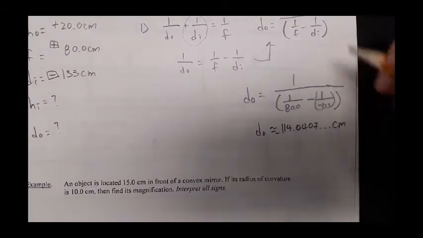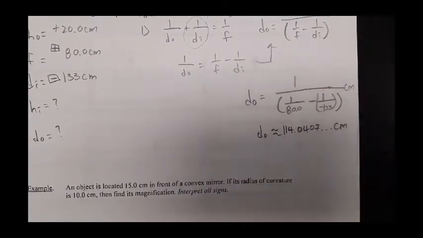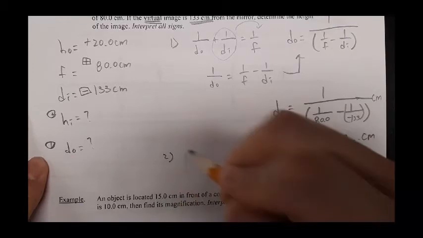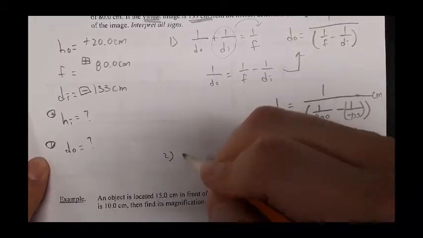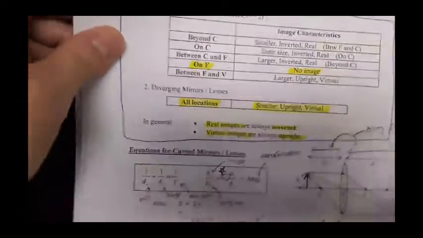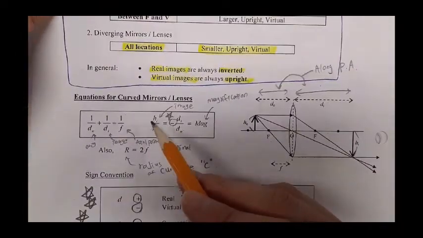Now, I am not going to use the rounded answer because in the end, I need to find the height of the image, which means I need to use my magnitude formula over here, HI over HO equals negative DI over DO.